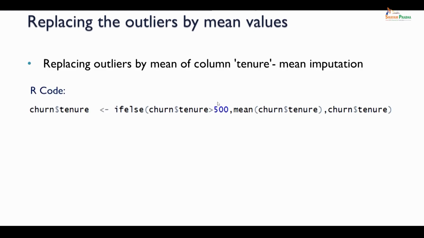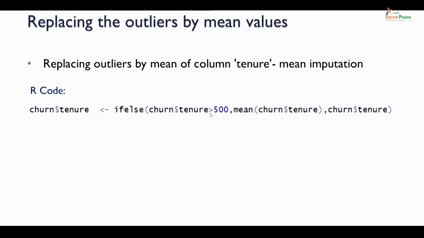The R code for that uses the if else condition, where I give the condition, and if it is not met, I replace them with the desired value. So, here I am using the if else function. Inside the function I have specified my condition: if the tenure of my churn data is greater than 500, replace it with the mean value of tenure.